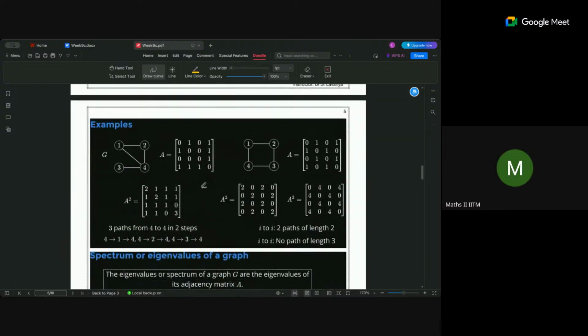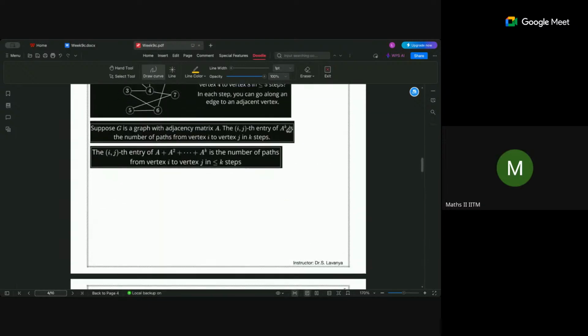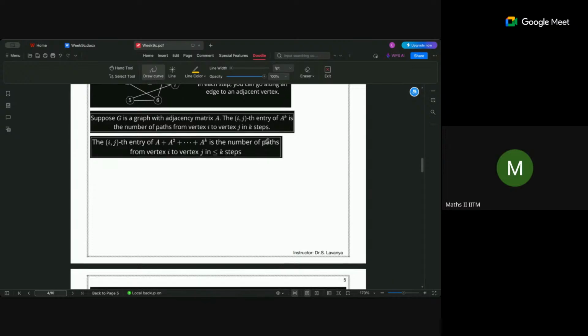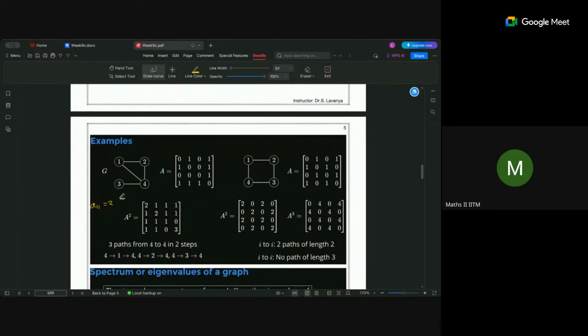Okay, it means what? Let us say you have this graph and you have this adjacency matrix A. Now this is your A squared. Now this is your A11, and A11 is 2. It means what? Now read this statement again. It is the number of paths from vertex I to vertex J in K steps. So there are 2 paths.